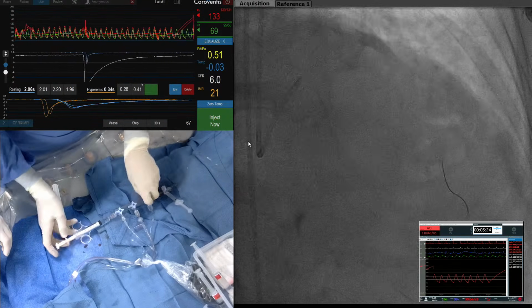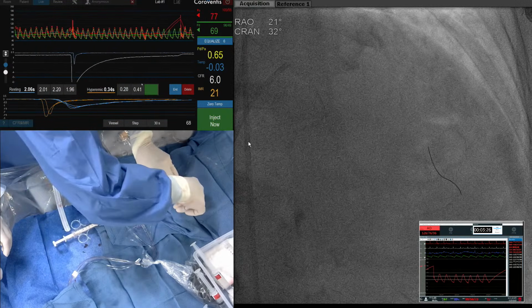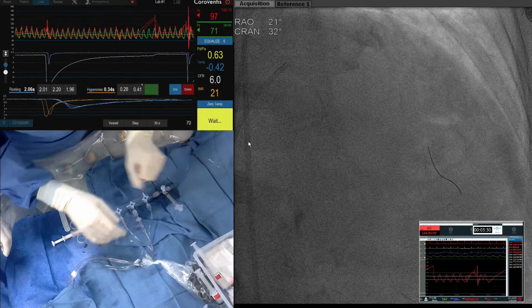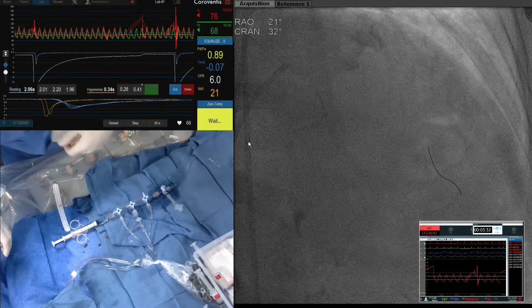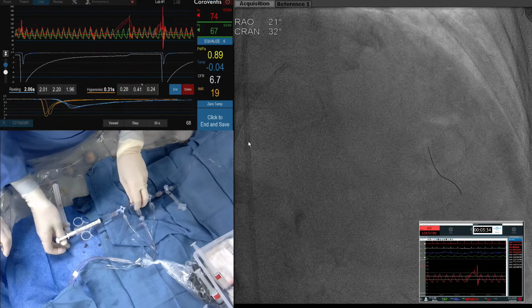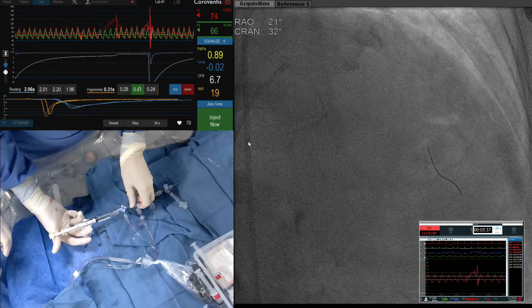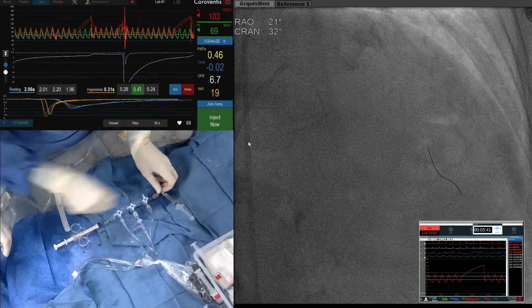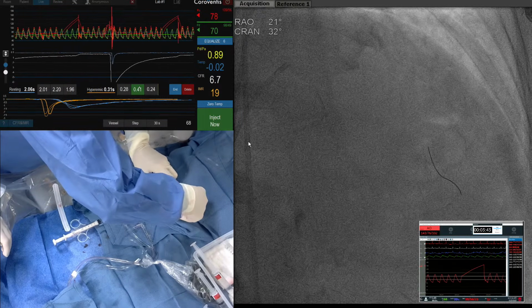You see it go from 2 seconds down to 0.2 and 0.4, so it's increased significantly. The speed is pretty good, suggesting the microvascular resistance is not there.